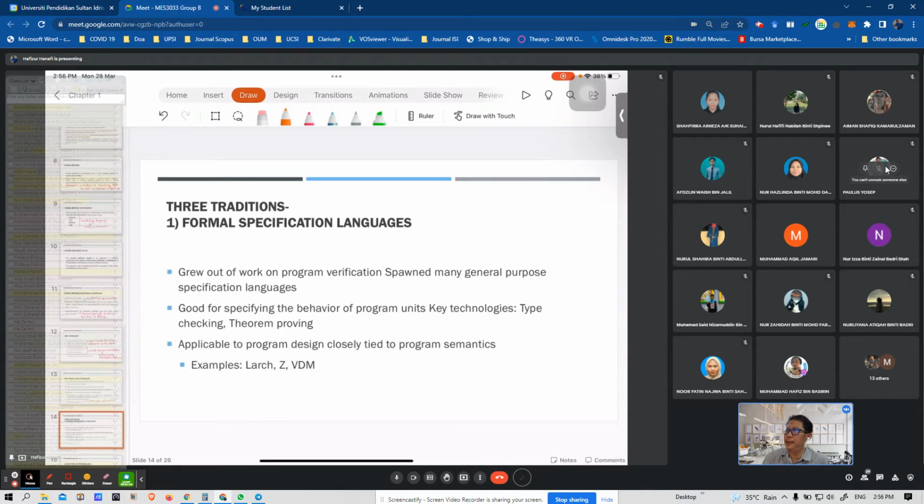Okay, and then there are three traditional approaches that we normally use in a formal specification language. The first example is the Z notation, and then VDM, the Vienna Development Method, and sometimes we use Larch. This is to closely use the program semantics.